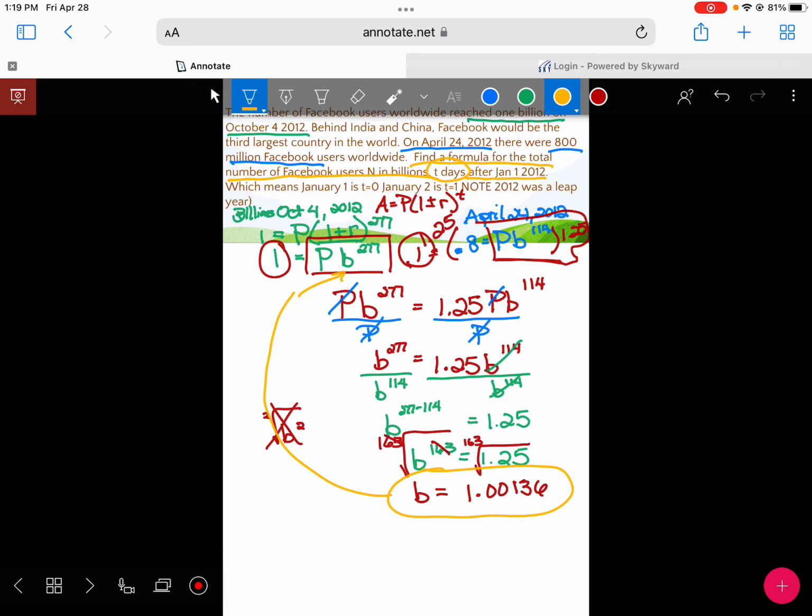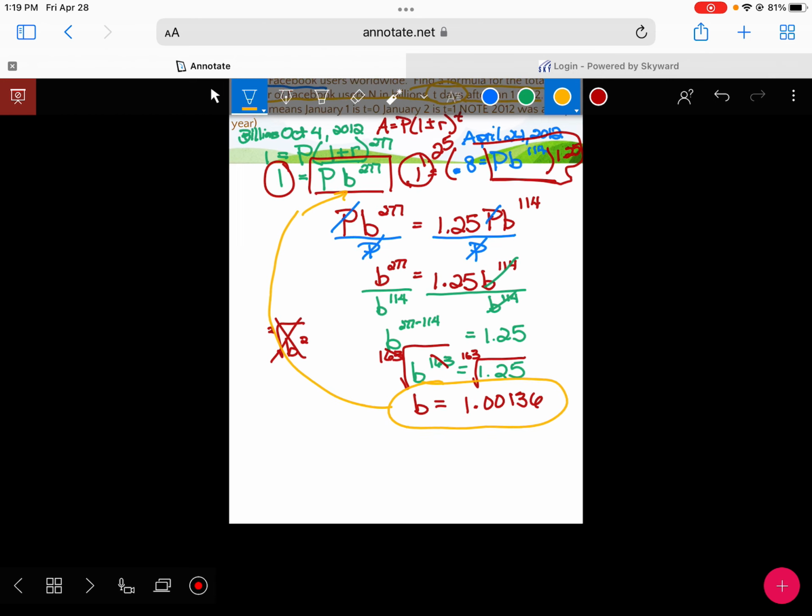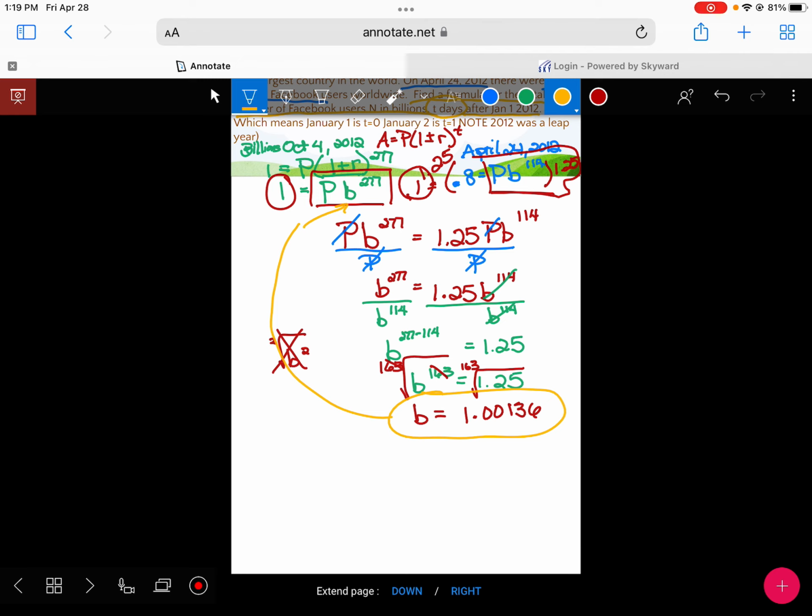This is my B because it's got 1. All right? So I'm going to say 1 is equal to P times 1.00136 to the 277th power.